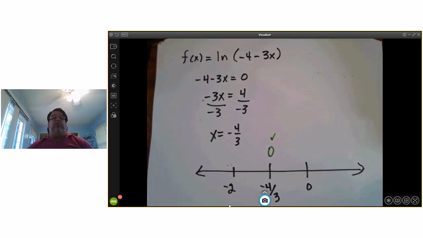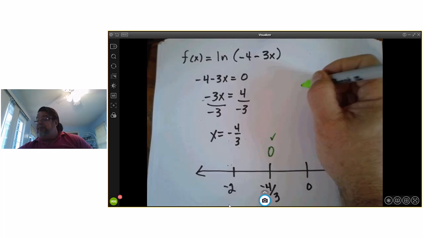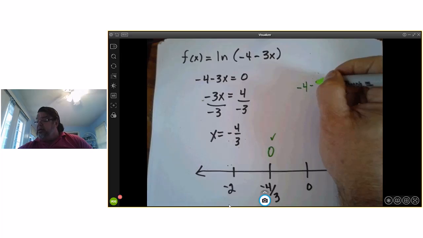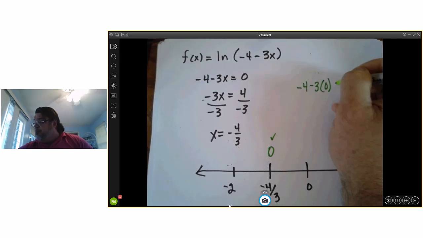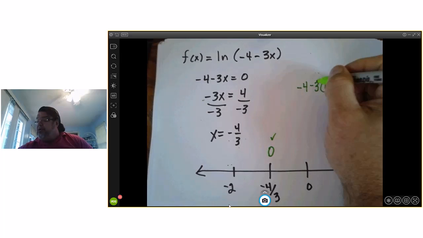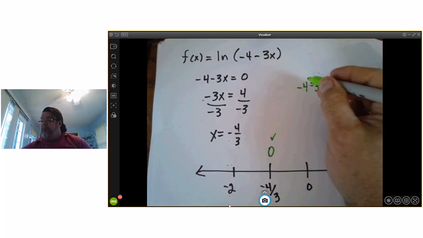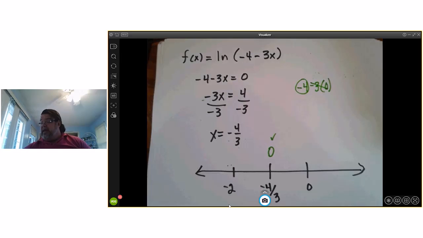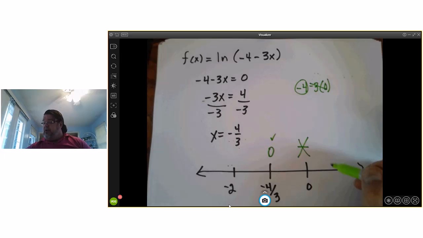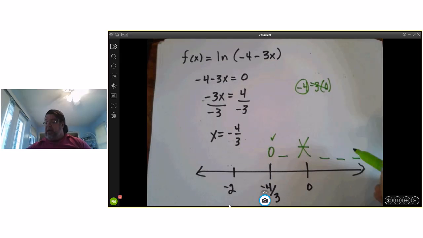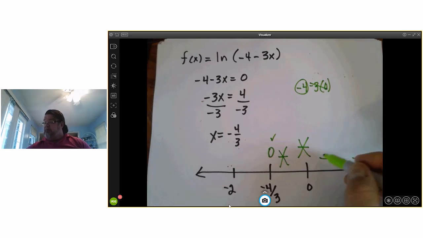So let's see what 0 gives us. Negative 4 minus 3 times 0. 3 times 0 goes out, and that leaves a negative. We can't have a negative. So negatives are on this side. We can't have this side.